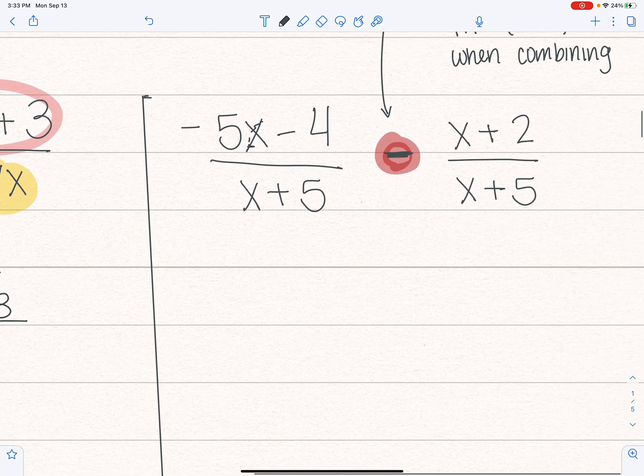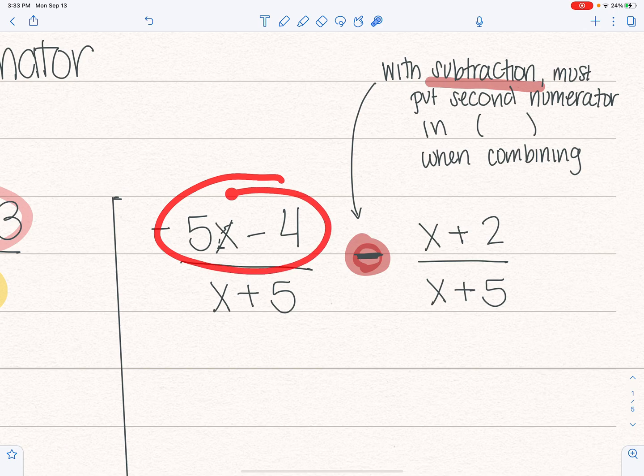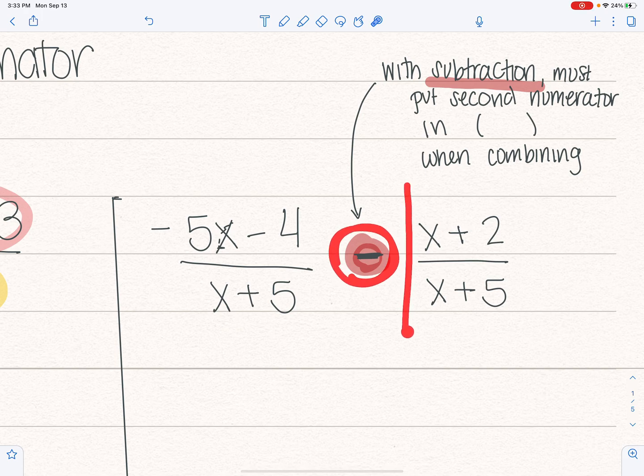All right, the second one is going to look similar except it's subtraction. So I put that little note up at the top for you. When you are subtracting, you must put the second numerator in parentheses when combining, because what this says is negative 5x minus 4 divided by x plus 5 minus this entire fraction, so minus the quantity x plus 2 over x plus 5.